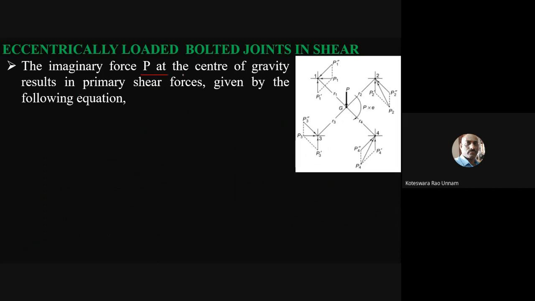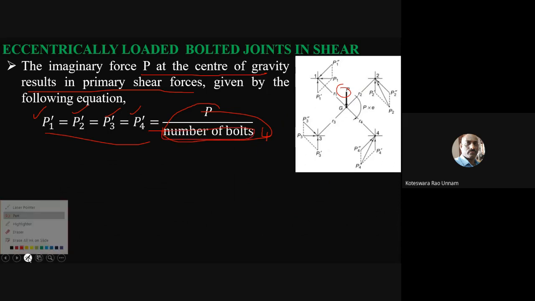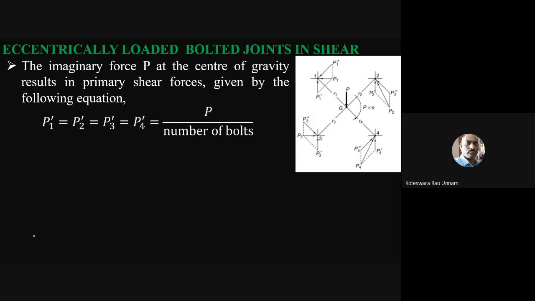The imaginary force P at the center of gravity results in primary shear forces given by the following equation: the magnitudes of P1 dash, P2 dash, P3 dash, P4 dash and so on are equal, and given by the applied force P divided by the number of bolts. Here if you have 4 you need to consider 4; if you have 3 bolts you have to consider 3. Whatever the number of bolts, you can use it to find the primary shear force in each bolt.